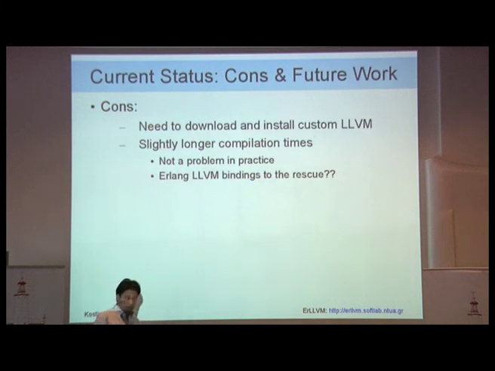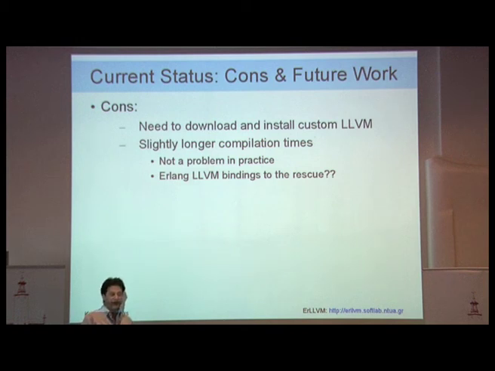Currently, there is a downside. You need to download and install the custom LLVM. As I said, not all are patches. We have 3 sets of patches, and only one of them is in the main LLVM branch. Hopefully, we'll push the other 2 sets of patches upstream, and then you will not need to download and install the custom LLVM anymore.